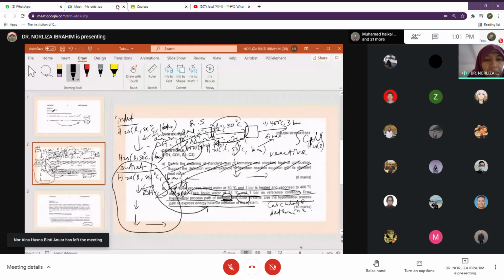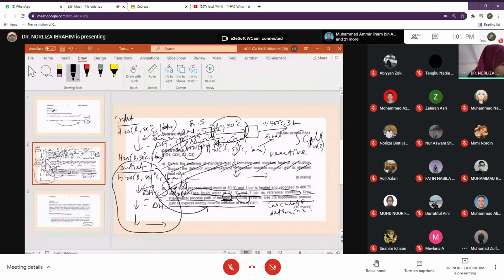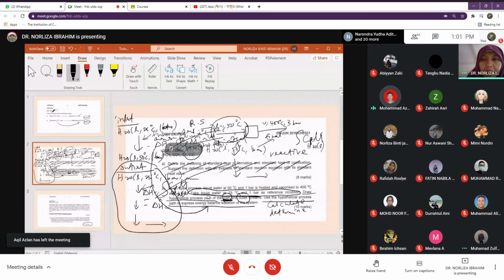You mention phase change, and then for phase change, where can you obtain the enthalpy? Table, right? Yeah, table.